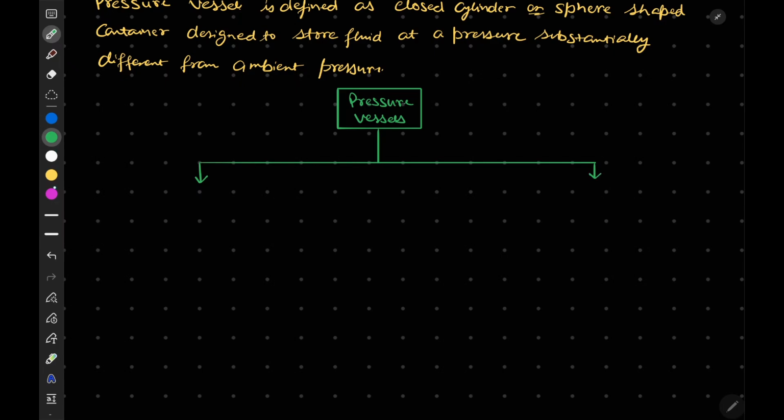Now this is classified on the basis of your d by t ratio, where d is diameter and t is thickness of your pressure vessel.